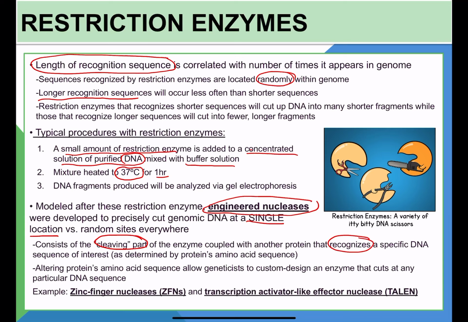Two of these engineered nucleases that have been made are called ZFNs, or zinc finger nucleases, and TALENs, which are transcription activator-like effector nucleases. A very long name. Whoever named that probably had too much time on their hands. Just kidding. But it's ZFNs and TALENs.